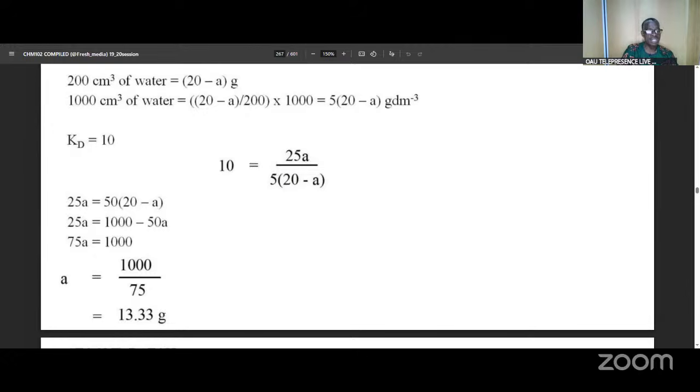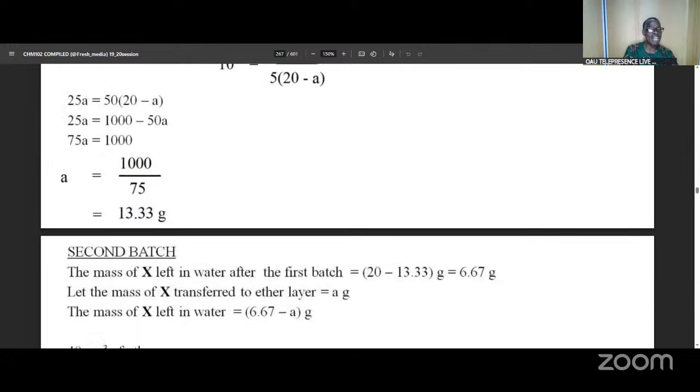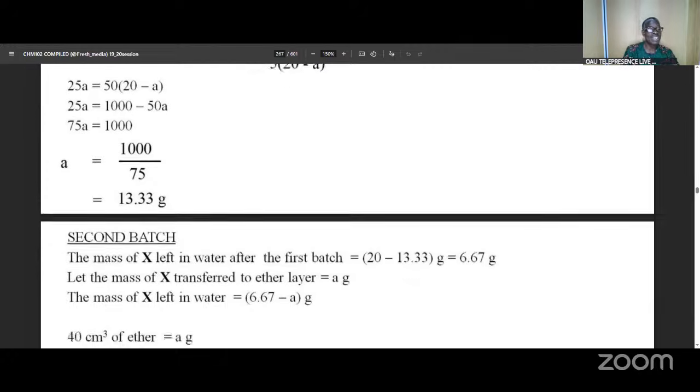So when we do this, you see that the amount extracted in 40 cm cube of ether is 13.33 grams. Wow, that's in the first batch.